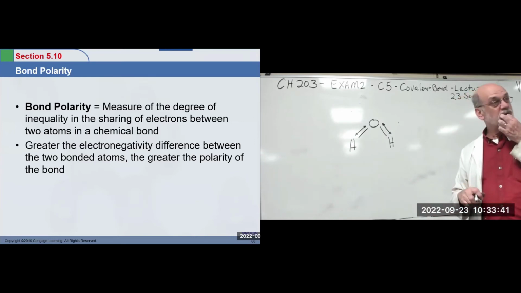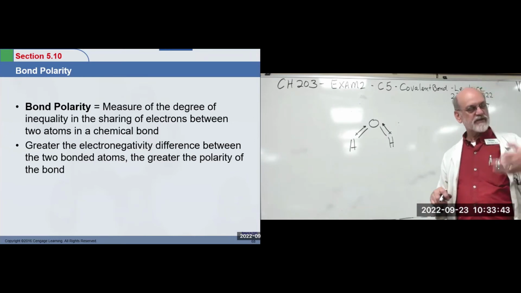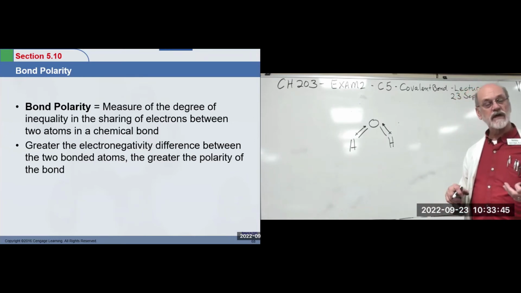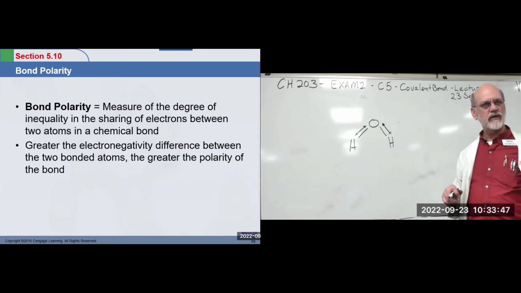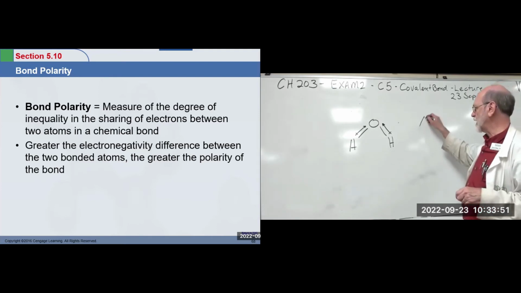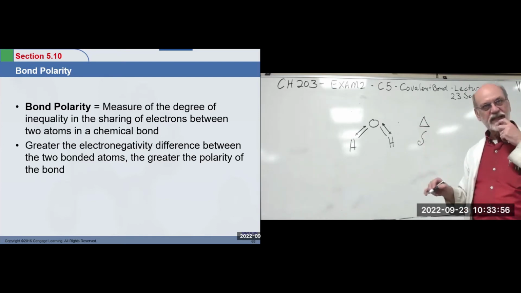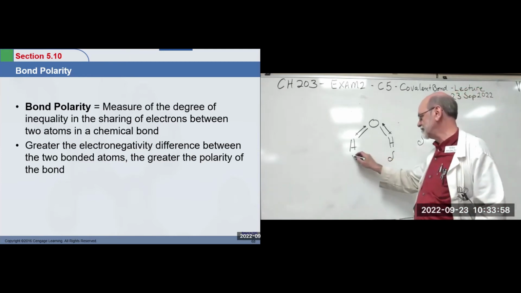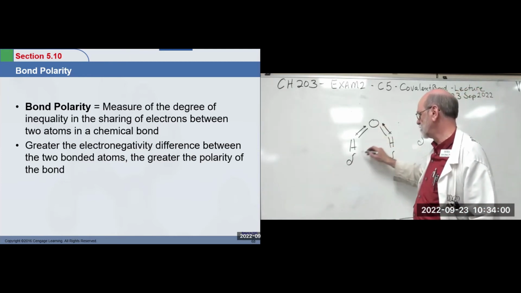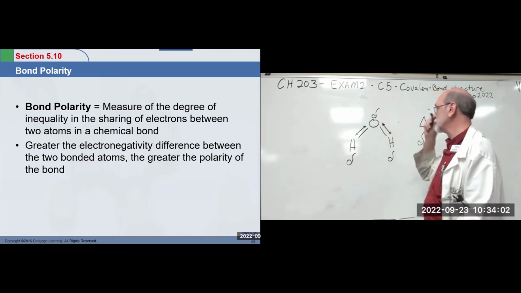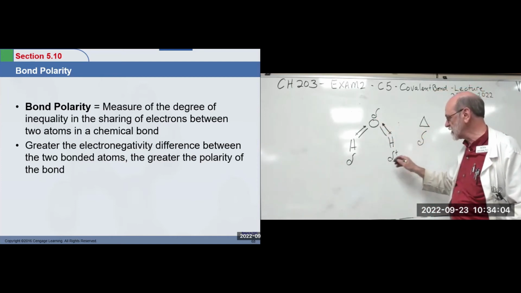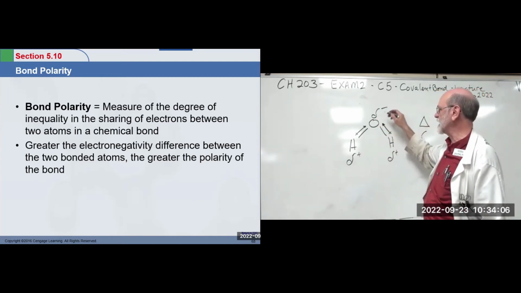Another way that we express slight distribution of charge is to use a small Greek letter delta. Right? Everybody knows the big delta, right? But there's another delta, the little d. And this one would be the positive end. This one would be the negative end. Right?